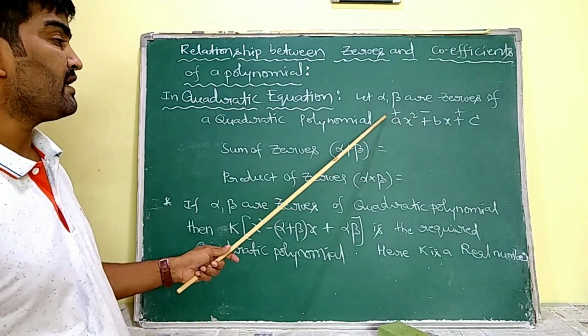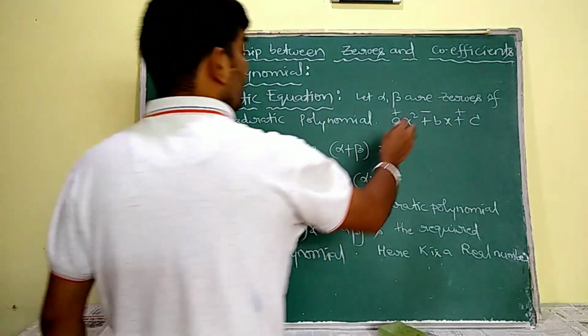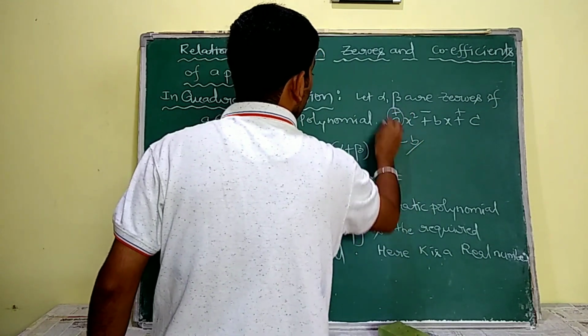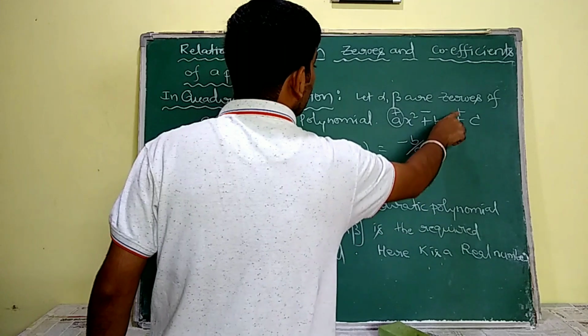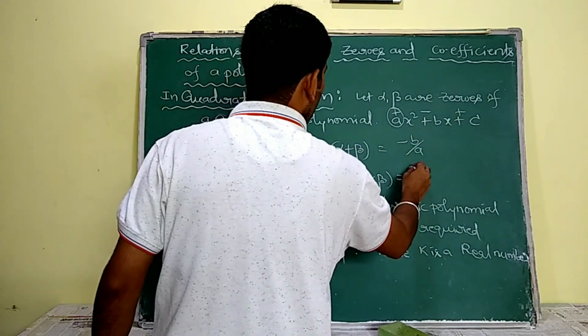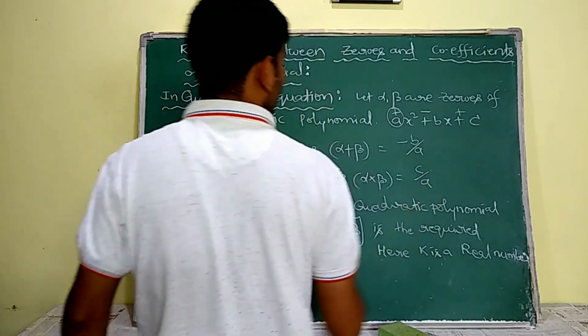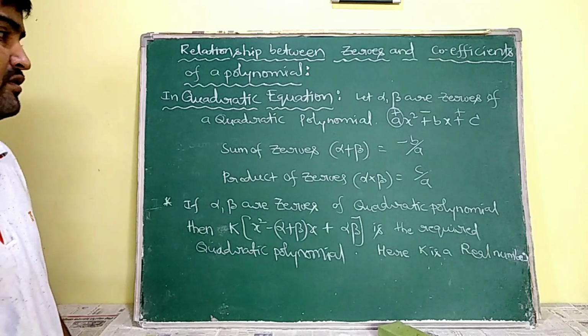Firstly you have to write plus, then minus, then plus. Sum of zeros means minus into b, that is minus b by this a. Similarly, product of zeros means plus into plus c by a.